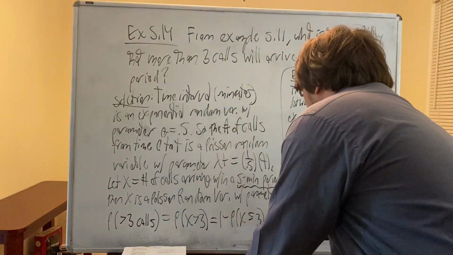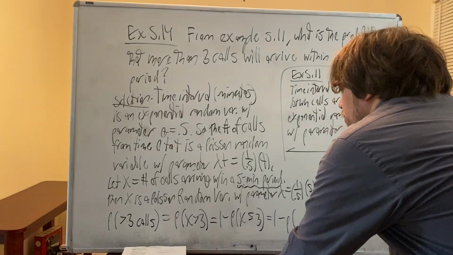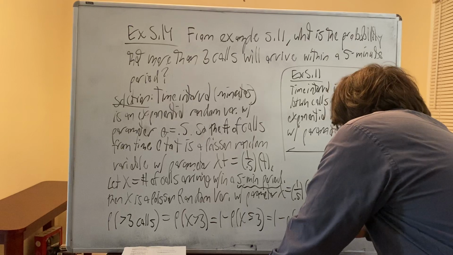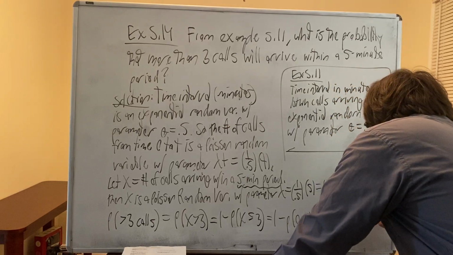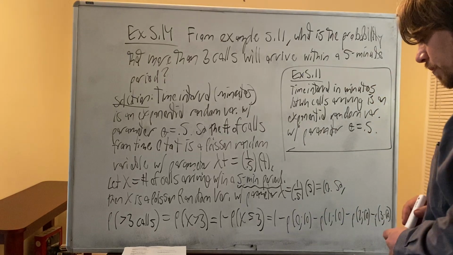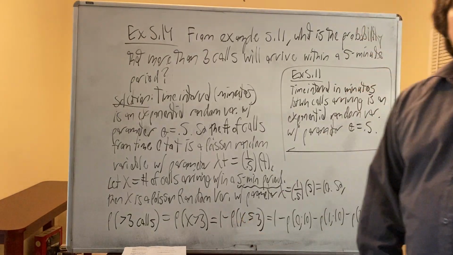And this is equal to 1 minus P of 0, 10, minus P of 1, 10, minus P of 2, 10, minus P of 3, 10. Because we want to know the probability of X less than or equal to 3.